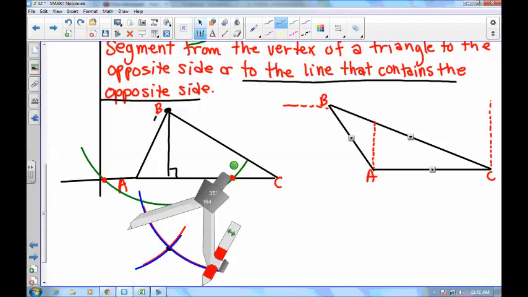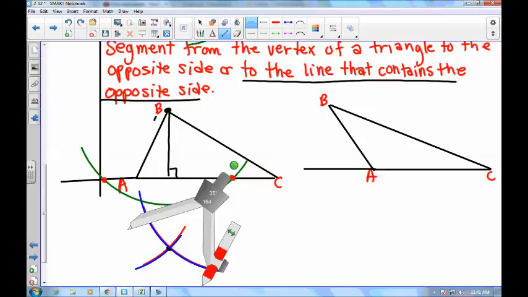When we're even with B. Yep. Or another option, which is kind of the same idea: if we extend, like the definition says, a line that contains the opposite side, if we take AC and extend it out, then we could drop B, right?